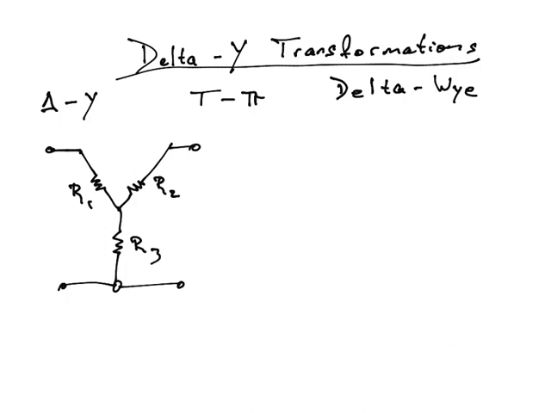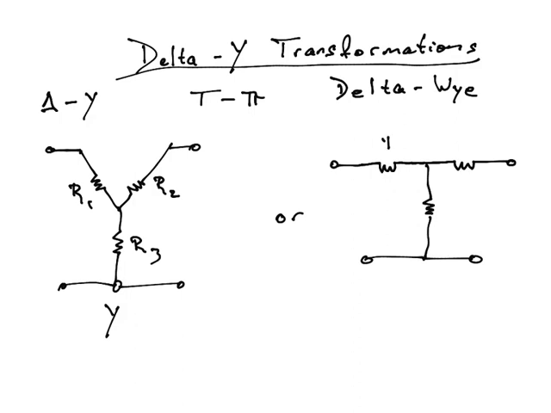This, of course, is called a Y connection. Obviously, it looks like a Y. You can also see it a little bit differently. It's exactly the same connections, but it looks like this, where this is R1, R2, and R3. You can see these two are the same.